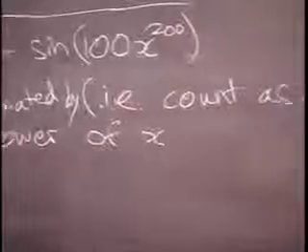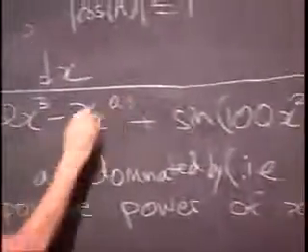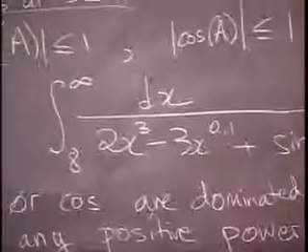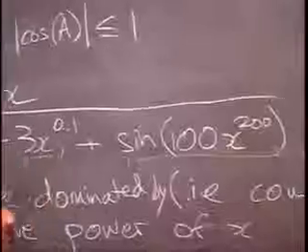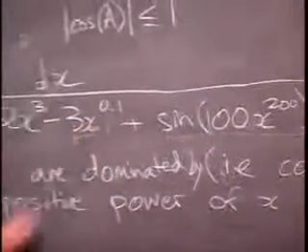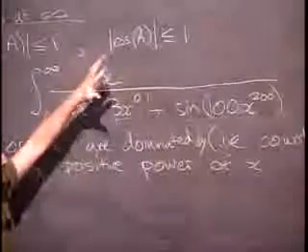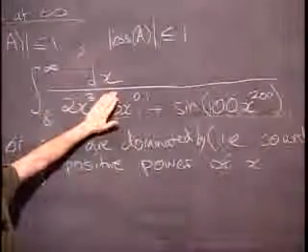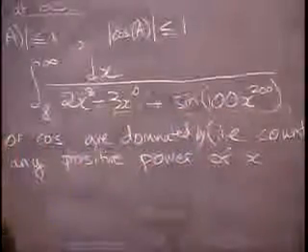So in the hierarchy, here we have x cubed. That beats up on x to the point 1, because 3 is bigger than 0.1. But even x to the point 1 would beat up on sine, because x to the point 1 still gets quite big as x gets large. Whereas sine is still trapped between minus 1 and 1 and is insignificant.